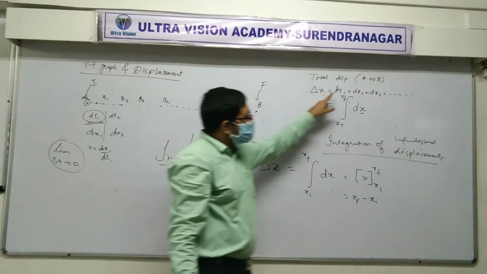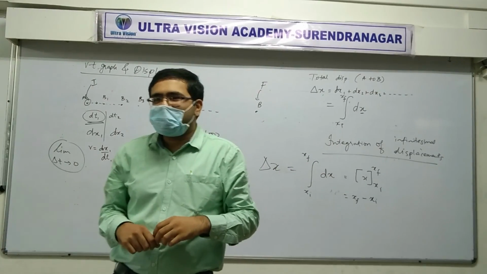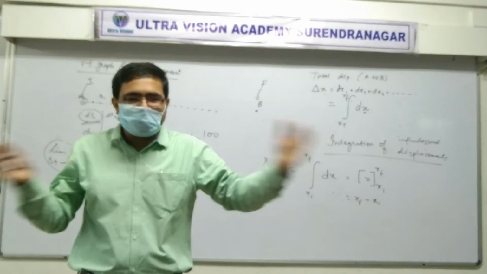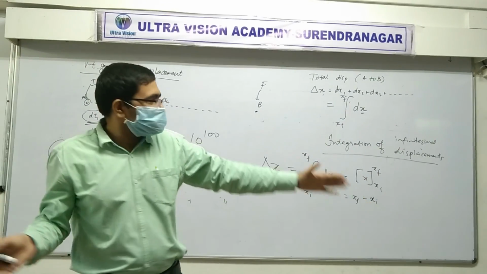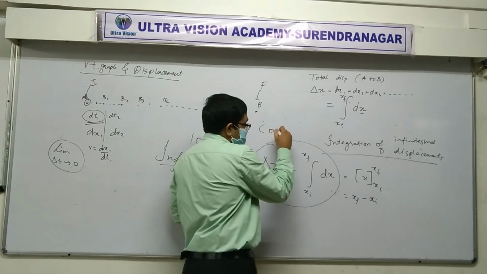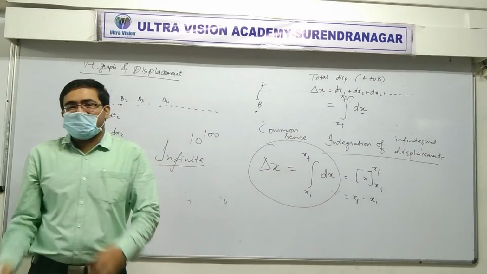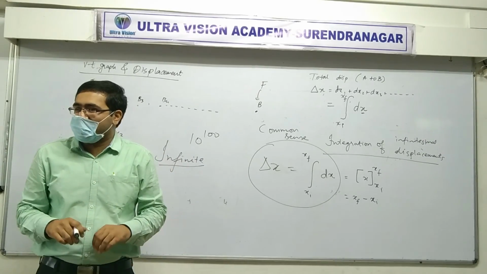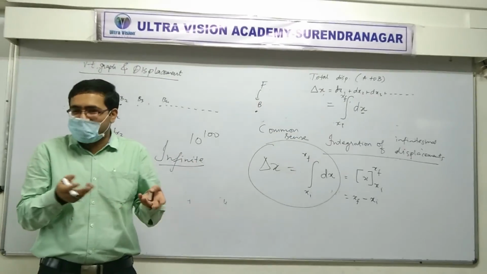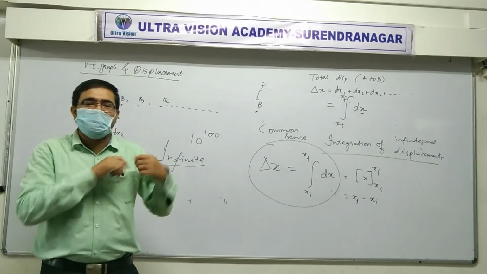Which displacements? dx1, dx2, dx3. Okay, now we add them back again. What do we get? Delta x, the big displacement. Yes or no? Yes. So hopefully you realize that this is not at all a surprise. I am saying that this is common sense. Isn't it? Taking it, dividing it into tiny parts and then adding them back again is going to give you the same answer. Common sense, isn't it? Yes. Okay?